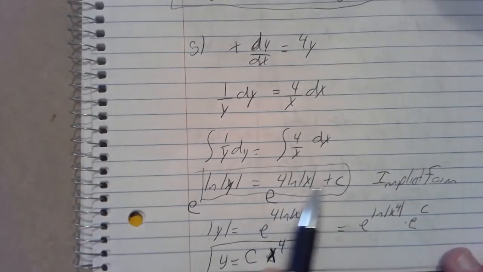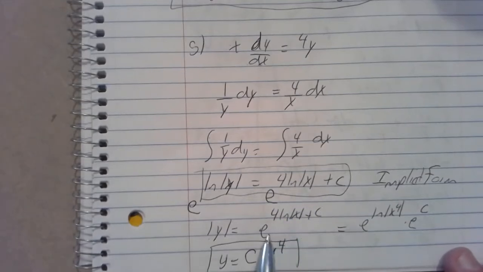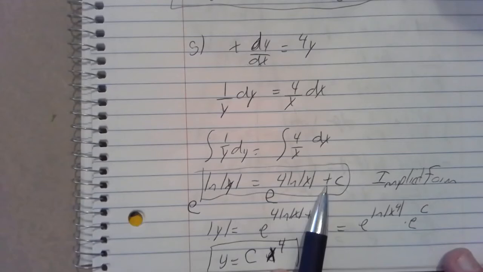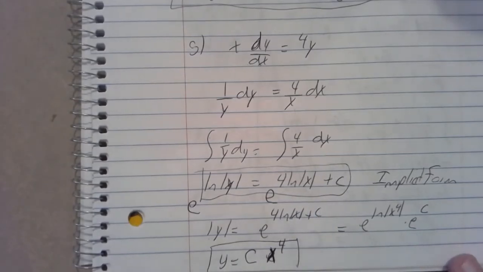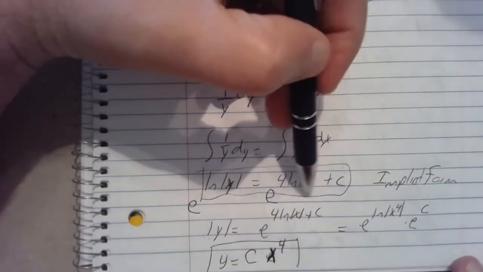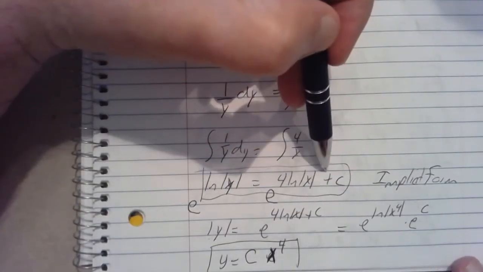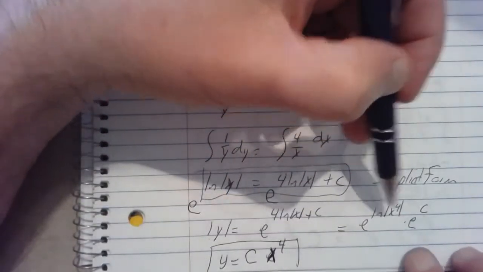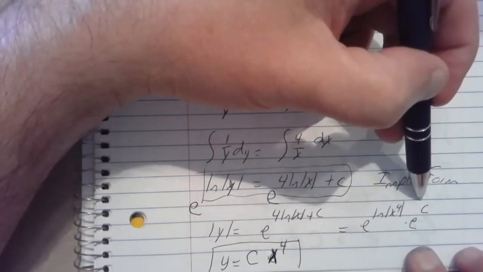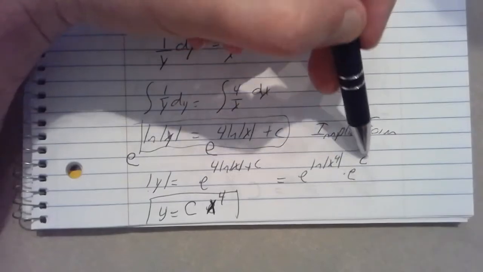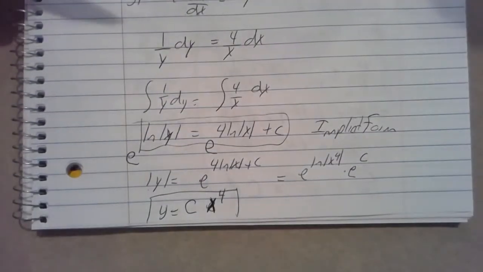Over here, we're going to play with logs and exponentials. So remember, when you're multiplying like bases, that's adding the exponents. So working backwards, e raised to all this stuff would be e to the first one times e to the C. Remember, C is just an arbitrary constant here.